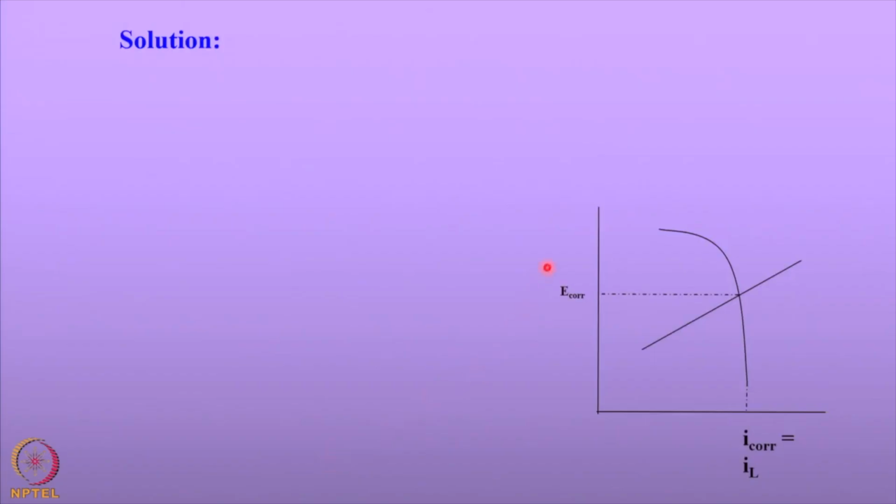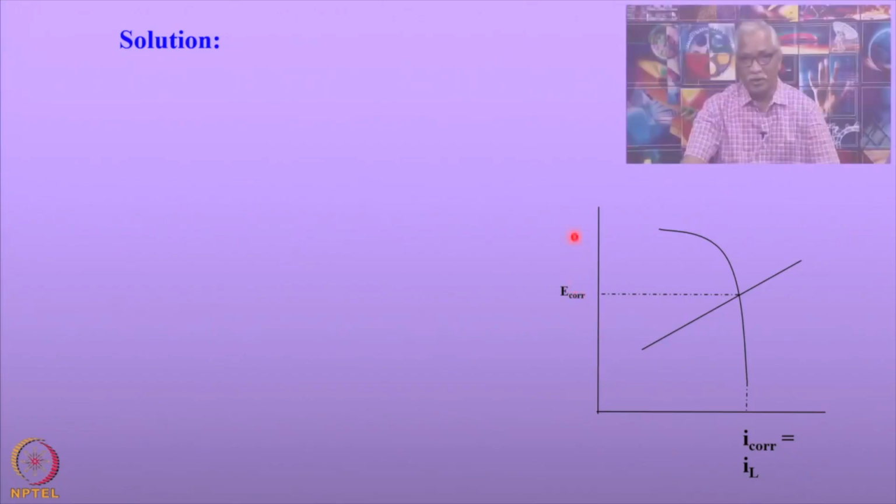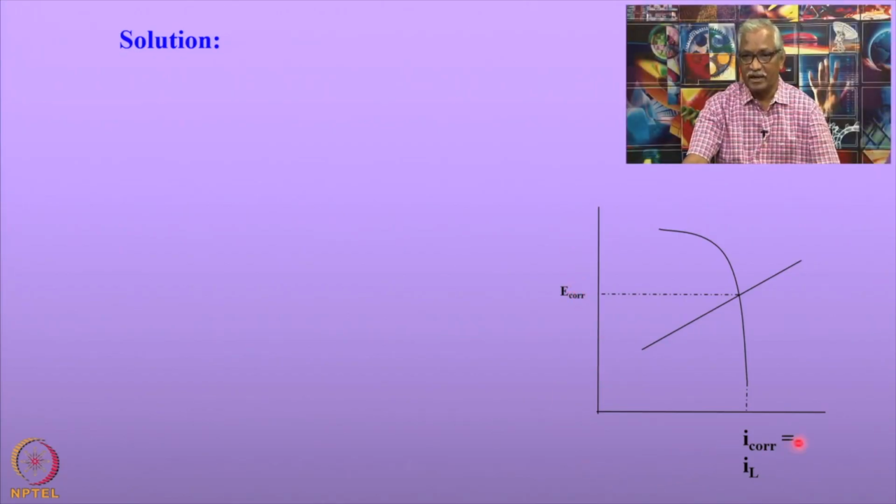Let us again go back to this basic concept of Evans diagram. It is potential against log current that you see here. The cathodic current is diffusion control, limiting current density here.